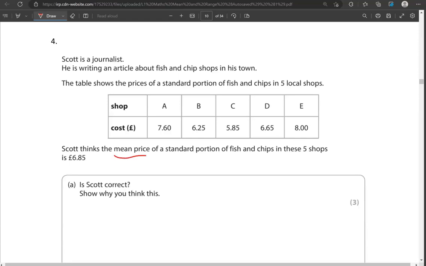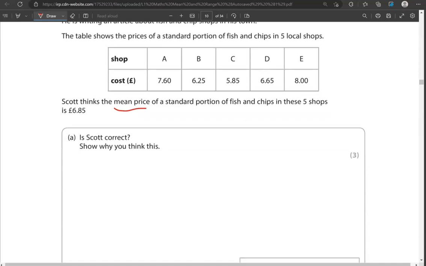So it's the mean price that we're working out. So we'll do £7.60, add £6.25, £5.85, £6.65 and £8.